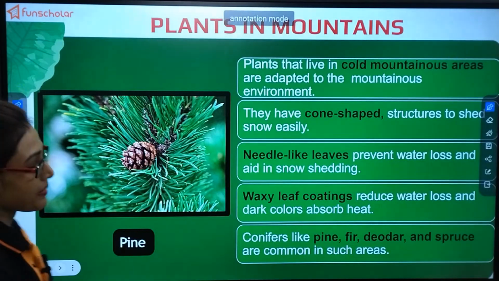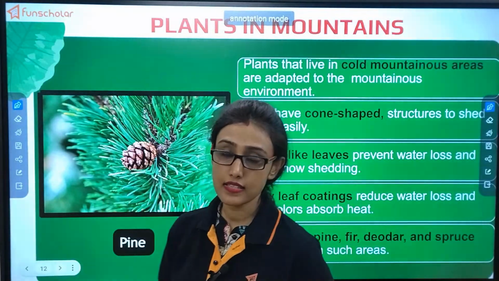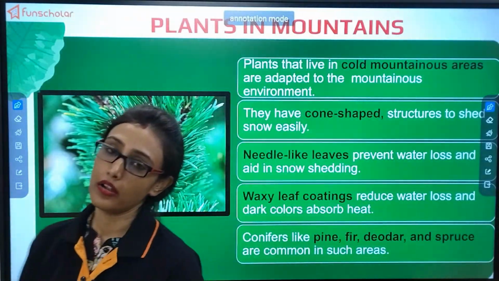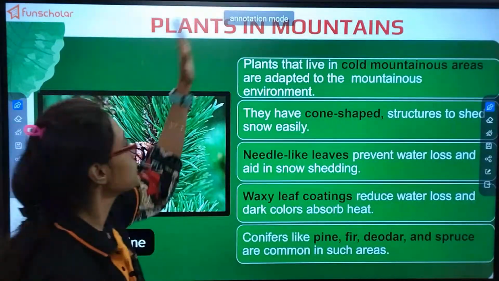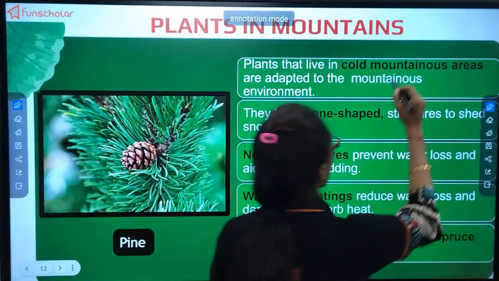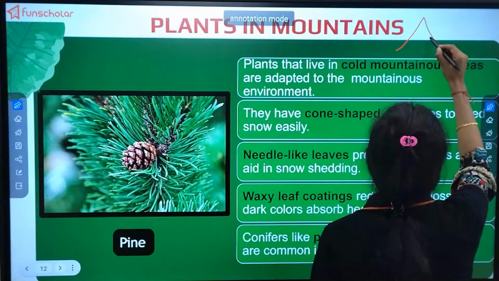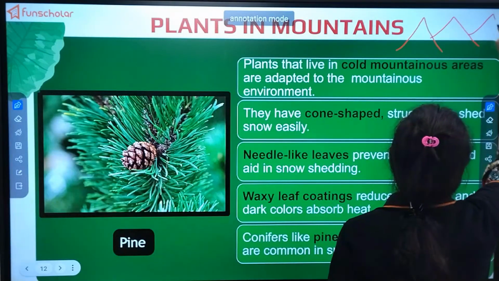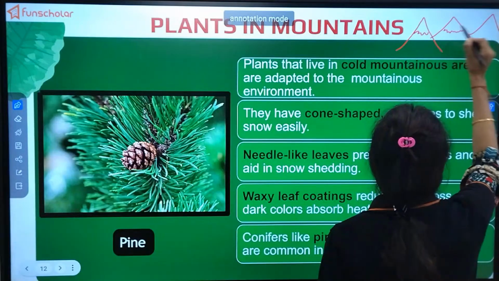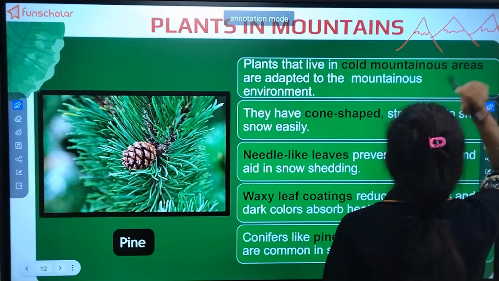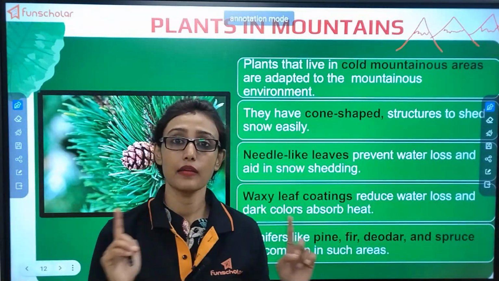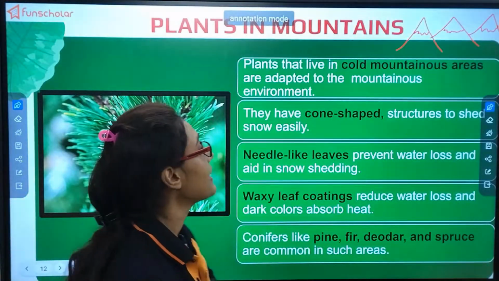Now we have known about plants of the plains, we have known about plants of the desert. Now we come to the mountain. So what is a mountain? You have often visited a hill station or mountain areas. These are the snow-peaked mountains. You have heard the name of Mount Everest. You have heard the name of Kanchenjunga, right?